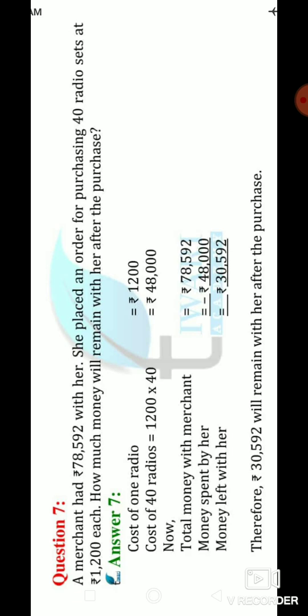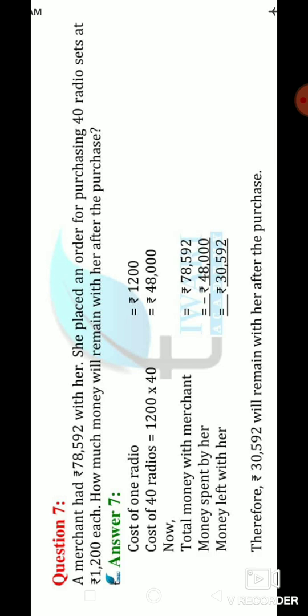After purchasing 40 radio sets, how much money will remain with her after the purchase?